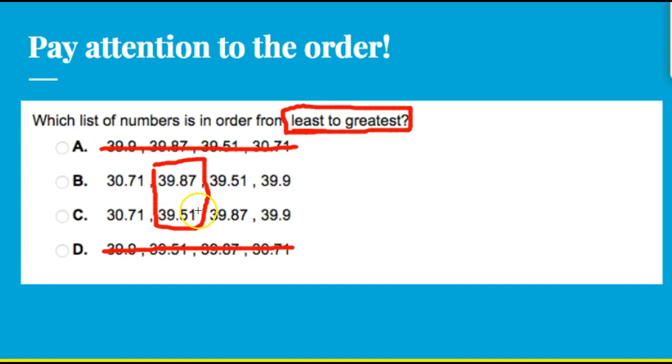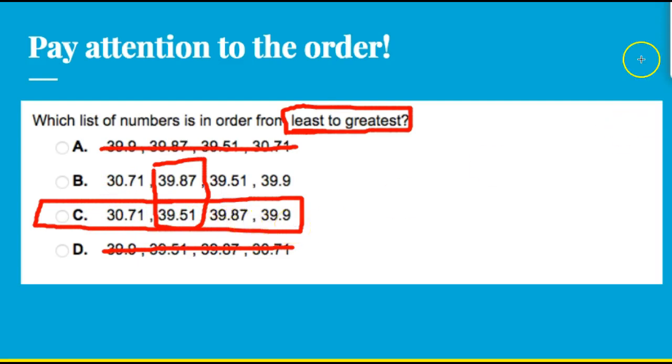In this case, 51 is definitely less than 87, so this one goes from least to greatest. See, these are just flip-flopped here, and they'll try to trick you like that. You have to pay attention, one row at a time. This one, 51 hundredths, is less than 87 hundredths, is less than 9/10.